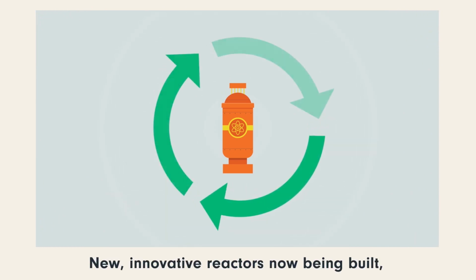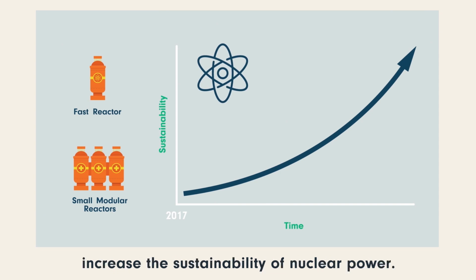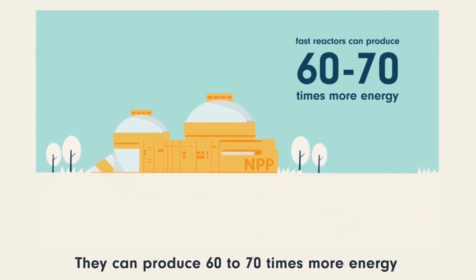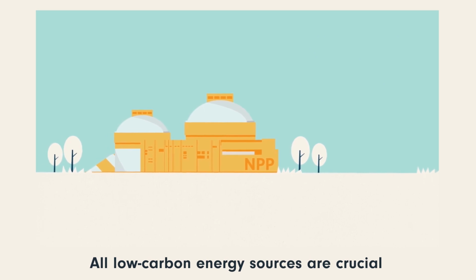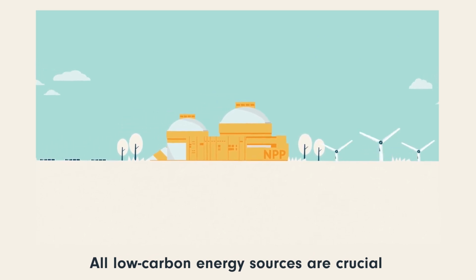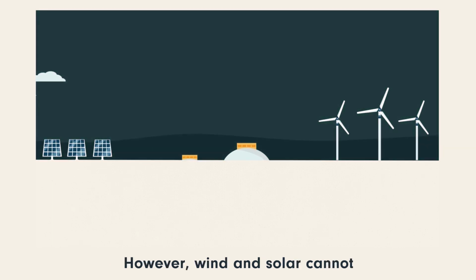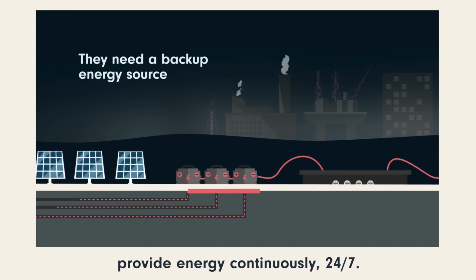New, innovative reactors now being built also have the potential to significantly increase the sustainability of nuclear power. They can produce 60 to 70 times more energy per kilogram of uranium than with current technologies. All low-carbon energy sources are crucial for meeting climate change goals. However, wind and solar cannot provide energy continuously, 24/7.